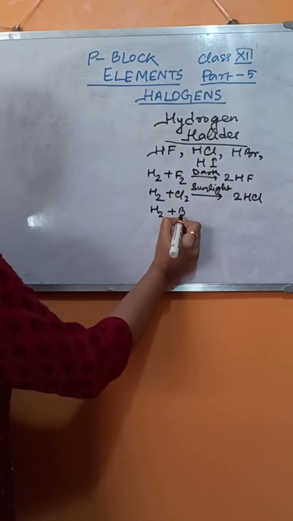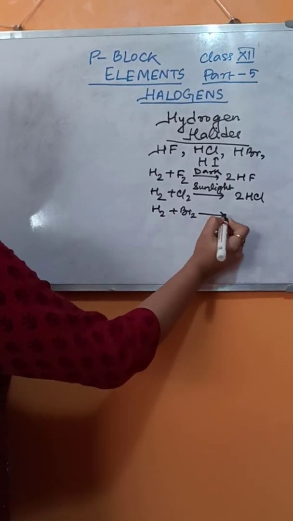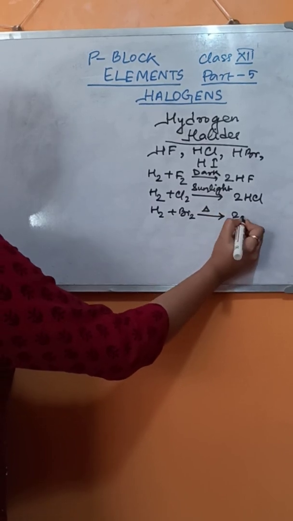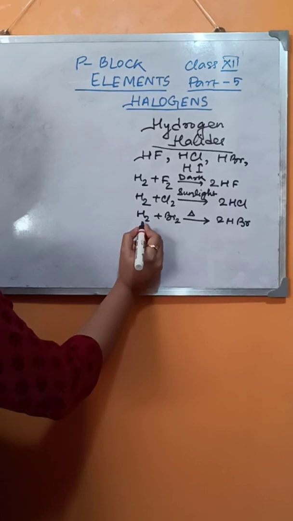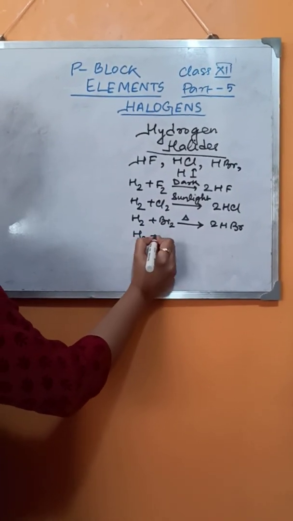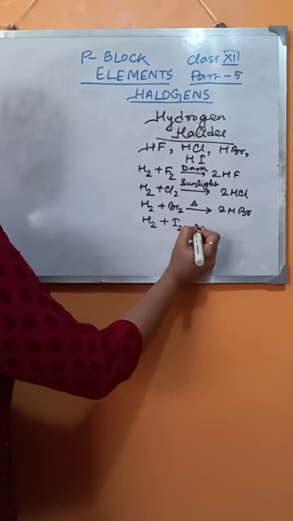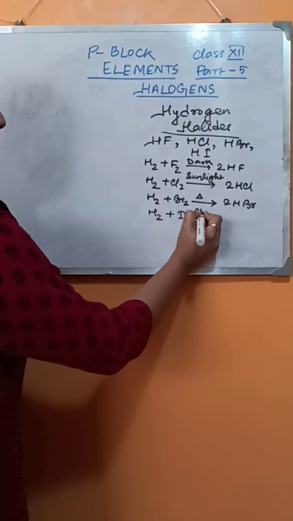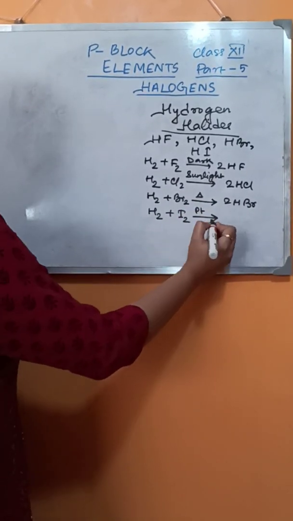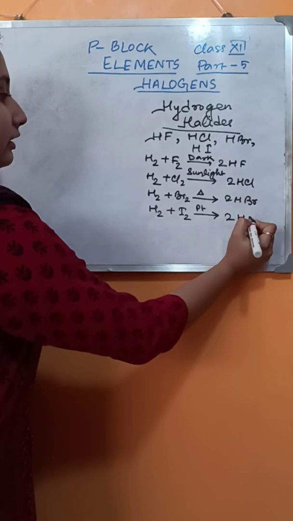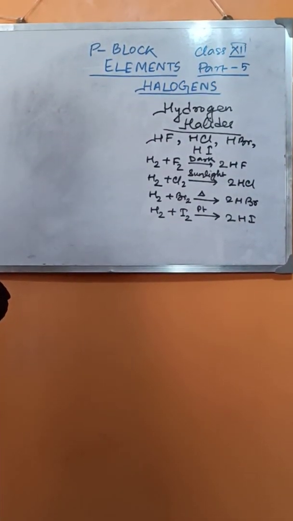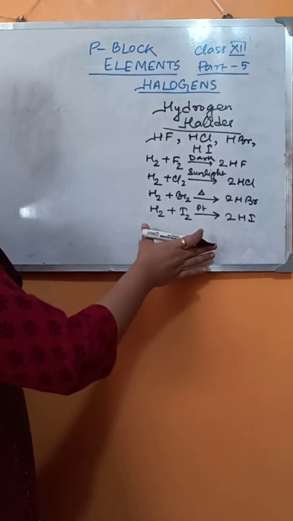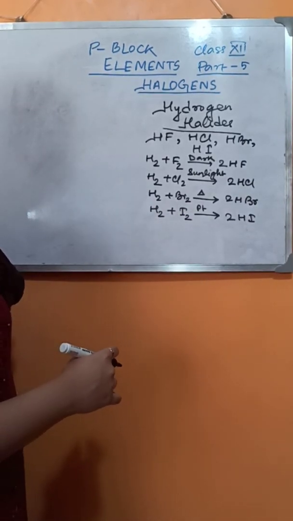Bromine reacts with hydrogen on heating to give hydrogen bromide. And the reaction of hydrogen and iodine requires a catalyst. Platinum can be used as a catalyst here to give hydrogen iodide. Okay? This is how the hydrogen halides are prepared.